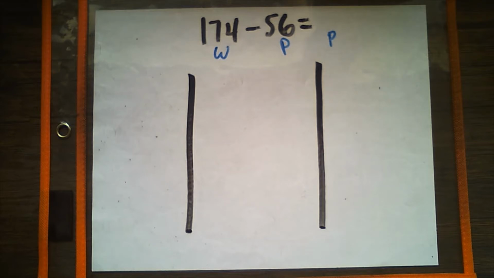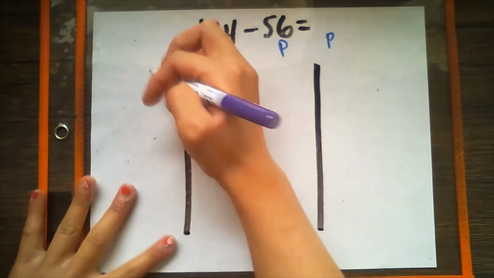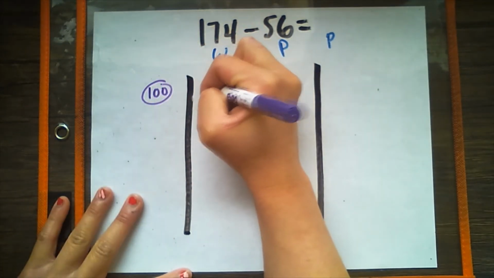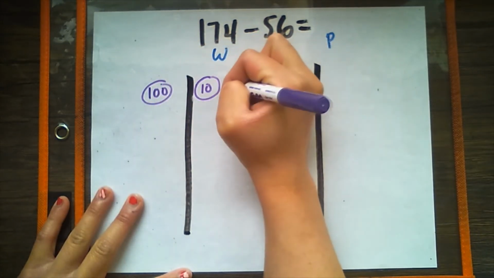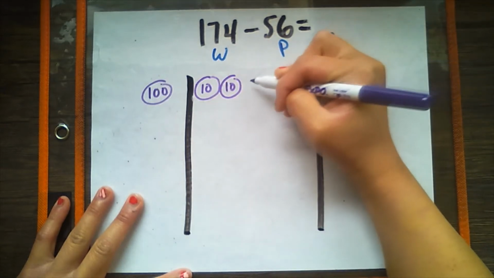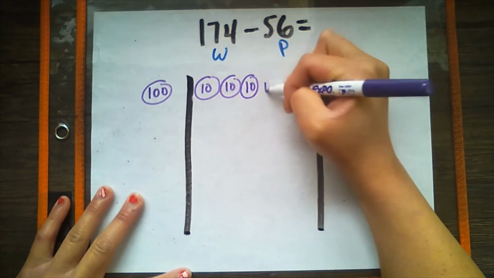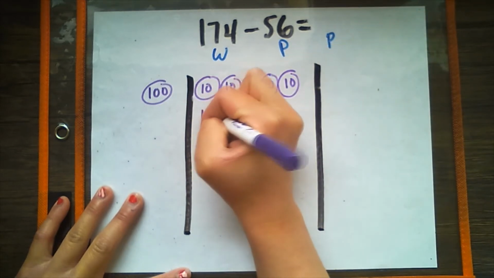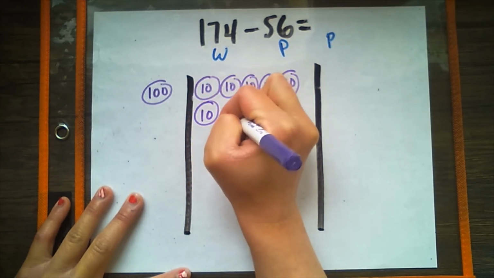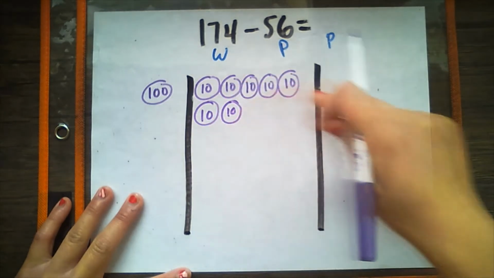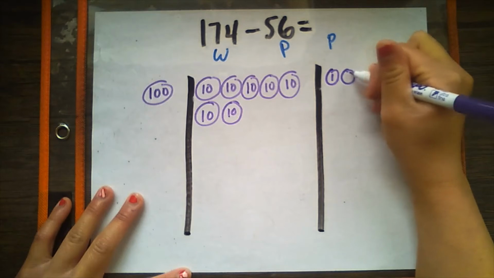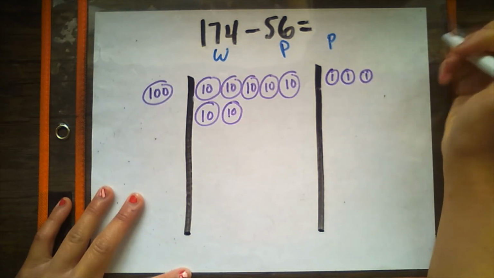Show me 174 with your discs. 100, 110, 120, 130, 140, 150, 160, 170. Now I'm switching over into my ones. 171, 172, 173, 174.